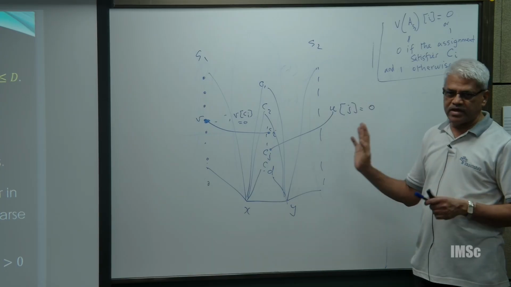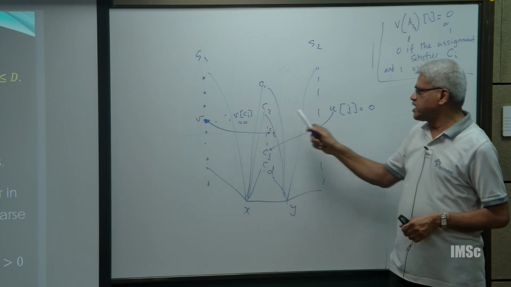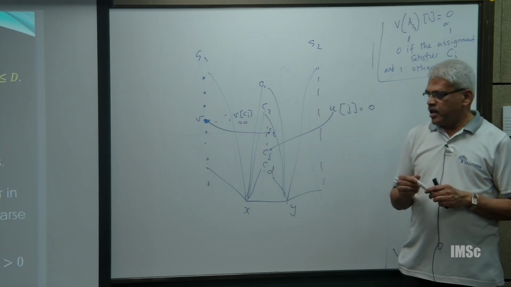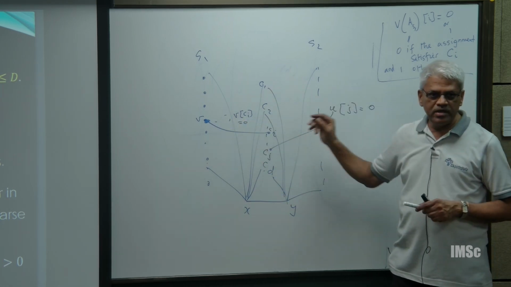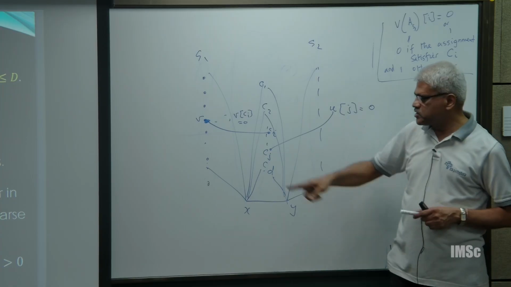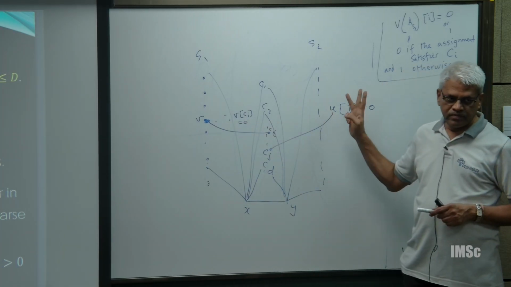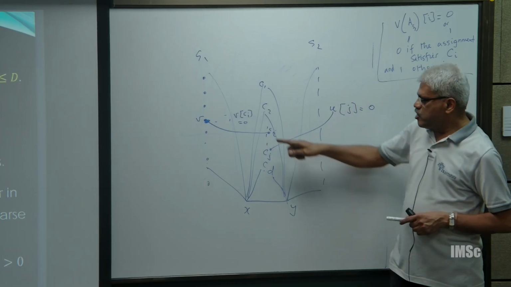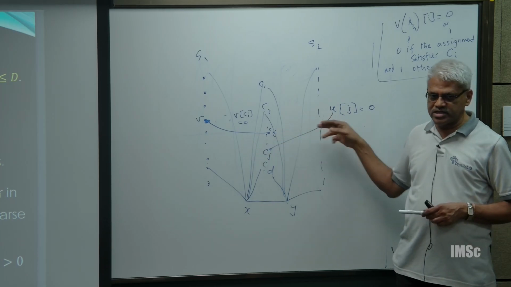So, every pair has distance 2 except for a vertex here and a vertex here, where I do not know what the distance is. If I do not have to go through these Cj vertices, their distance will be 3, because I can go from v to x to y to that vertex. But through some Cj I may be able to reach a vertex here, and then that distance will be 2.